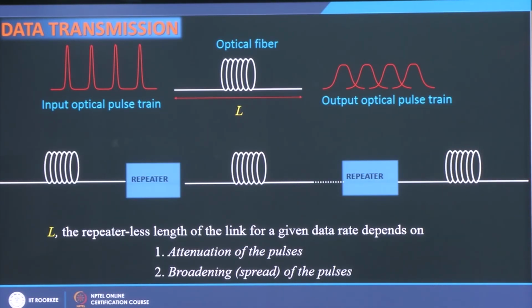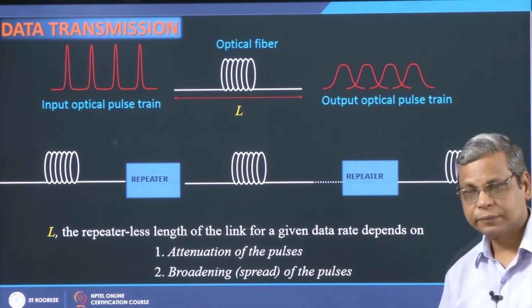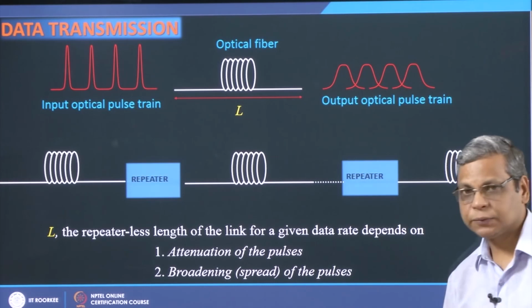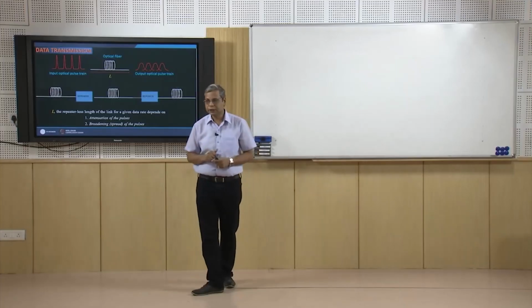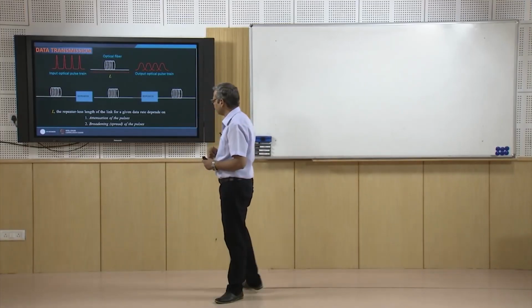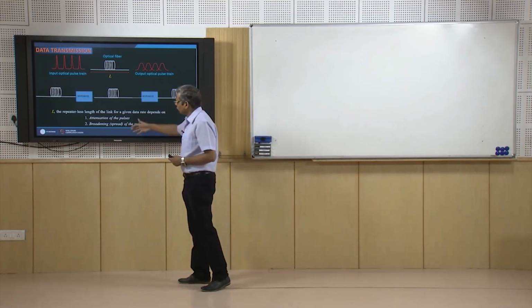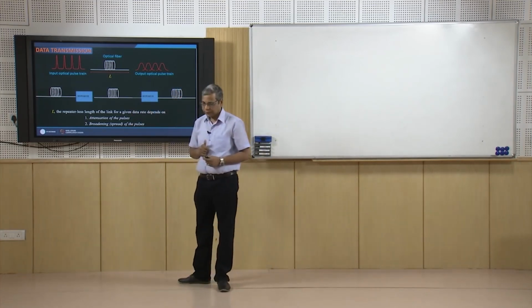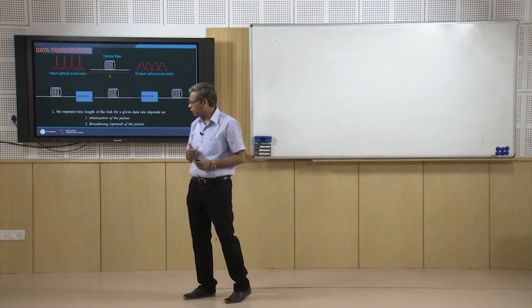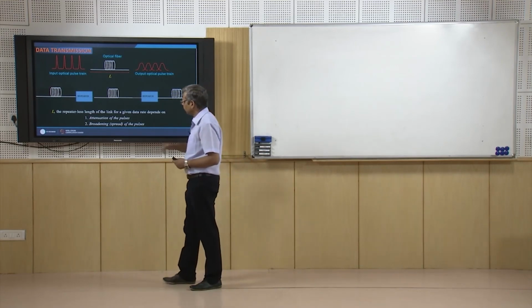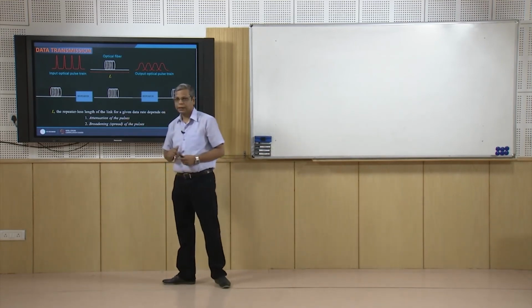One is how much the pulses have attenuated, and the other is what is the spread of these pulses, what is the broadening in these pulses, so that they do not overlap. So, we are going to look into these 2 things in the next few lectures. In this particular lecture, I will pay attention to the attenuation problem.